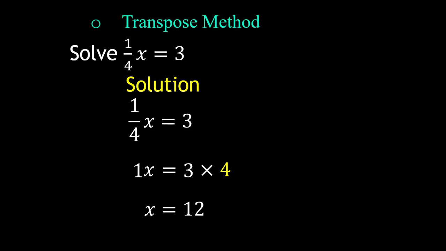It is well accepted, but it is not recommended to be used as the first method when teaching linear equations. It should come as a sequel to the balancing method. So you get to realize that the transpose method is simply derived from the balancing method.